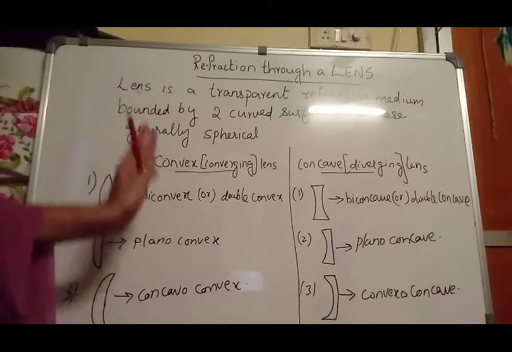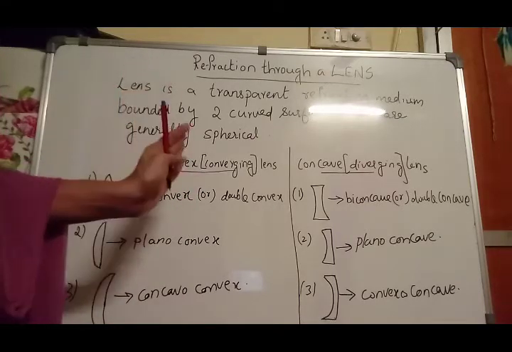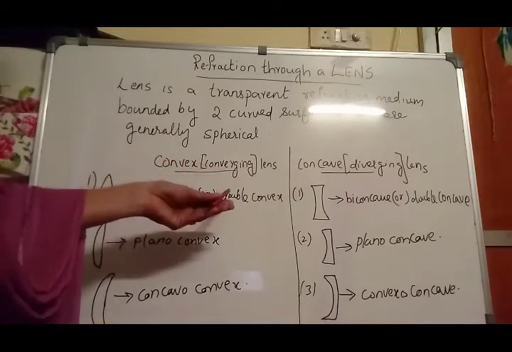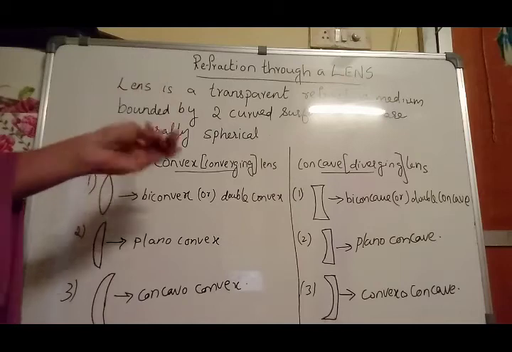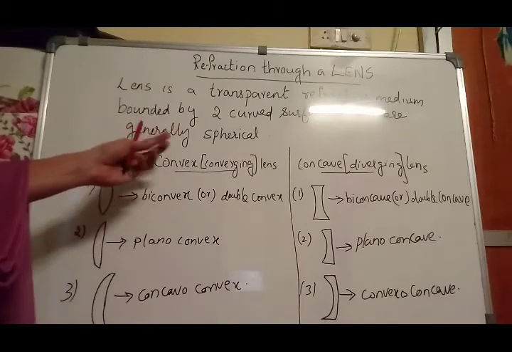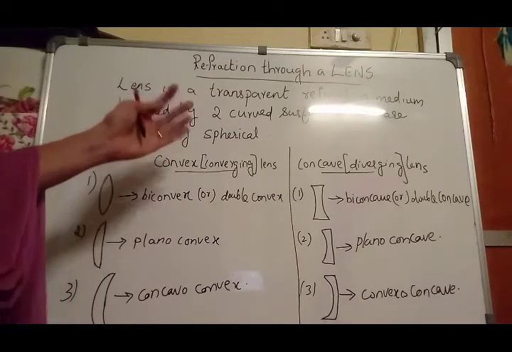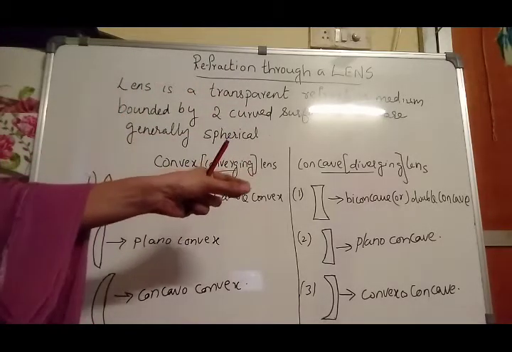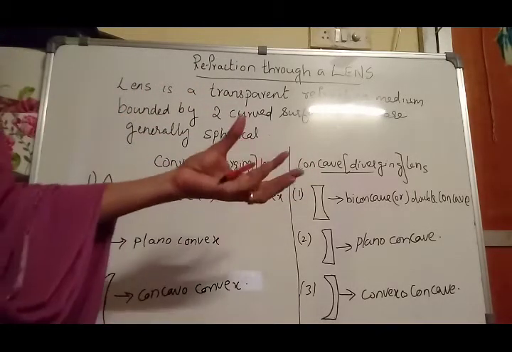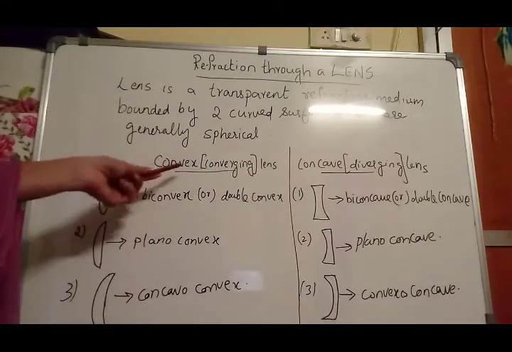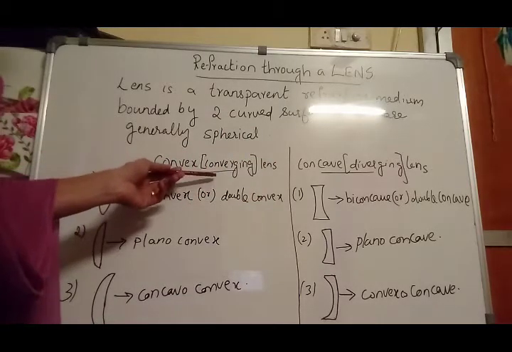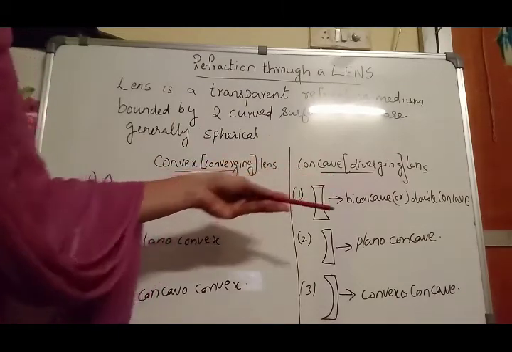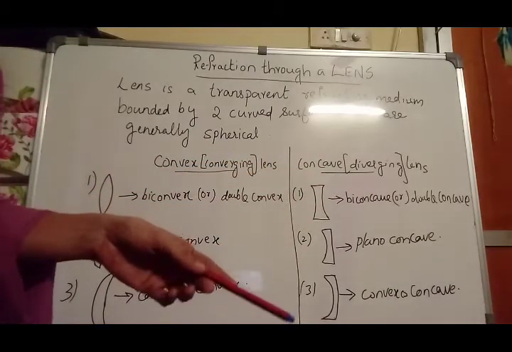This lens learning is also somewhat similar to the mirror. So you know what is converging ray and diverging ray. Converging ray means all the rays after refraction will come together to a point. Diverging means it will spread from a point. So convex lens, due to its nature, is also known as converging lens. Concave lens, due to its nature, is also known as diverging lens.